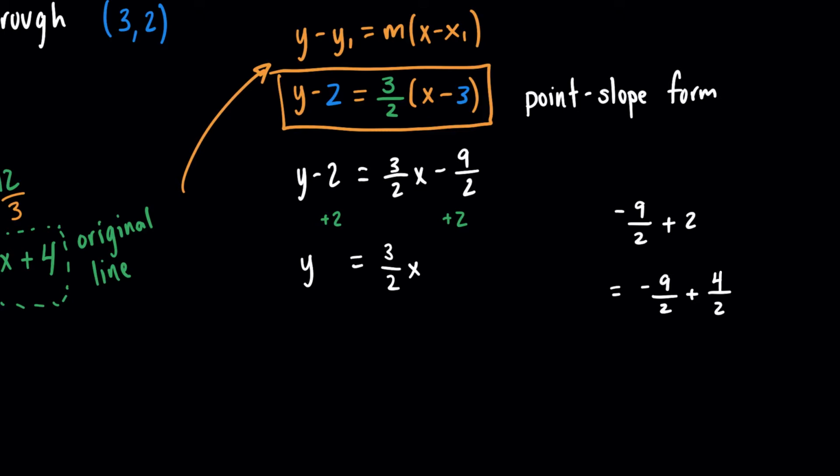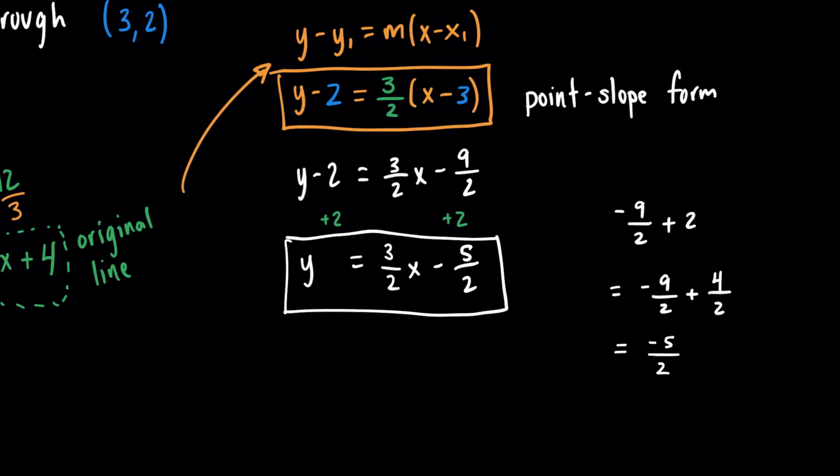So I'm just getting a common denominator of 2 here so that I can actually add these. So negative 9 over 2 plus 4 over 2 is just negative 5 over 2. Okay, so that'll be minus 5 over 2. And this right here is perfect slope intercept form.